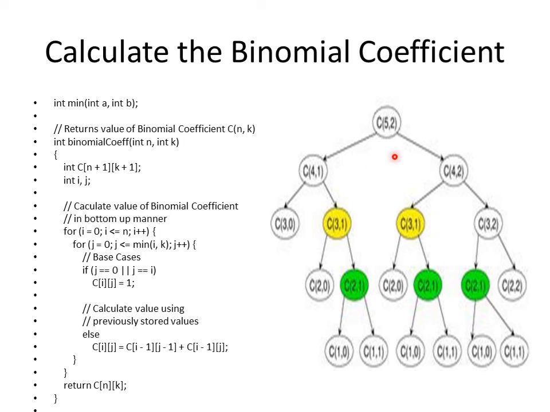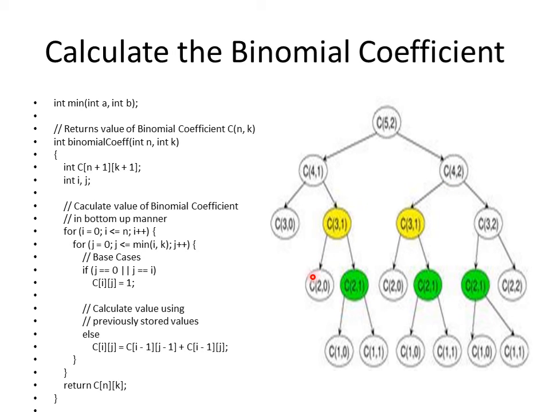Here once again, 3 minus 1 is 2 with j as it is. Now 2 minus 1 is 1, 1 minus 1 is 0, and 2 minus 1 is 1, so C of 1, 1 is 1.